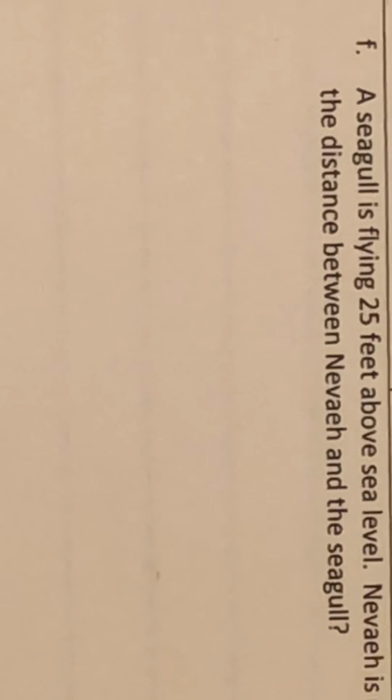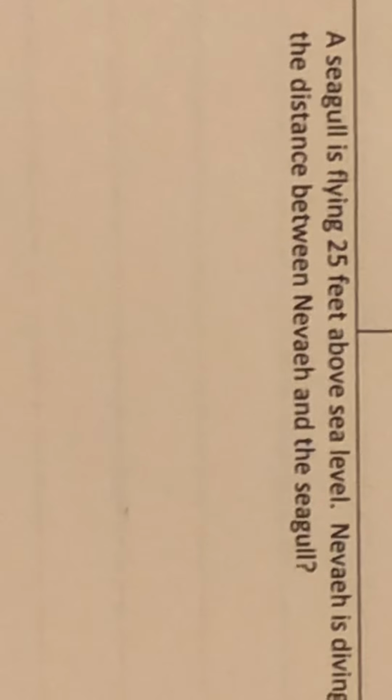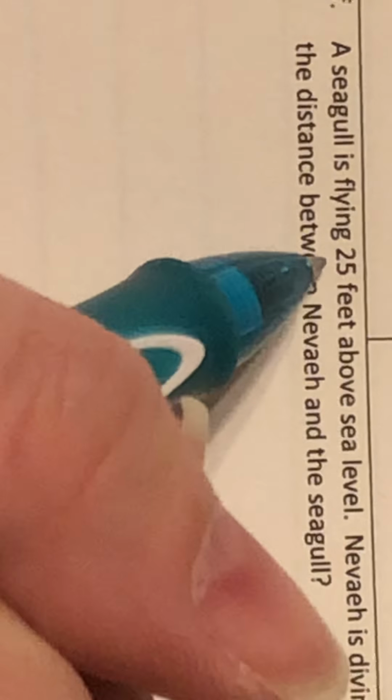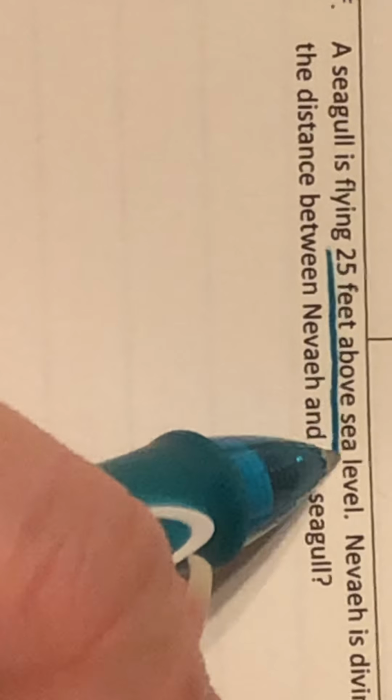Letter F says a seagull is flying 25 feet above sea level. Nevaeh is diving 15 feet below sea level. What is the distance between Nevaeh and the seagull? Okay, so first the seagull is flying 25 feet above sea level.